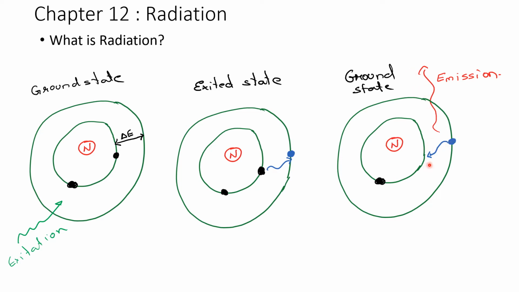Now these electrons may jump to a consecutive orbital, or they may skip orbitals and jump three orbitals, so it depends. And the emission, that is the radiation that is emitted from them, depends on the atom and the energy that is being released while these electrons decay from an excited state back to the ground state. So this is how a radiation occurs.